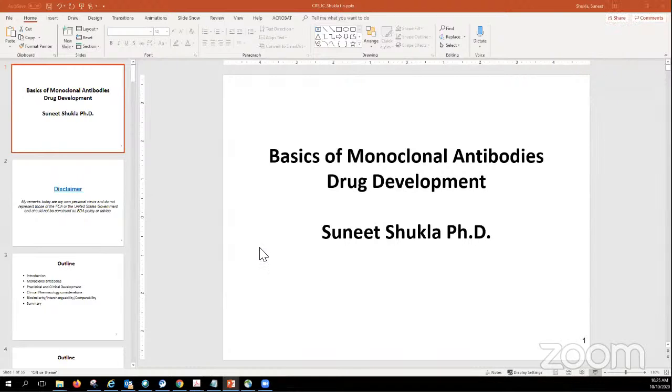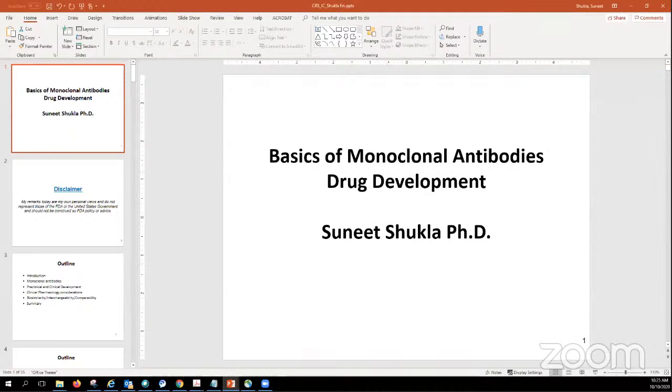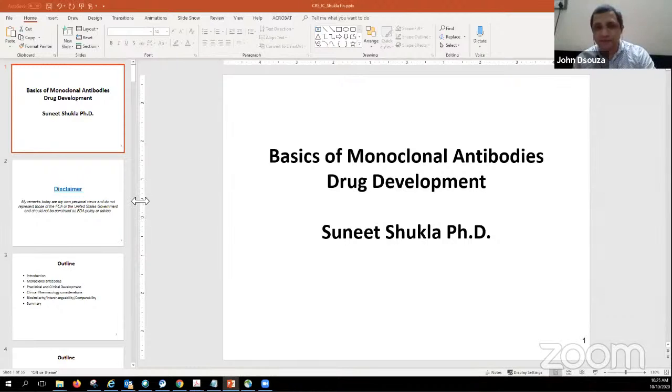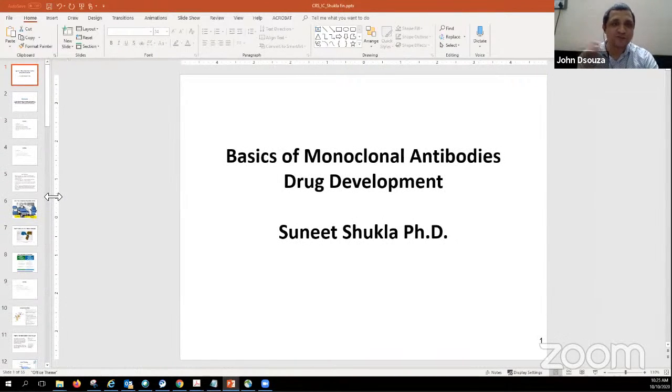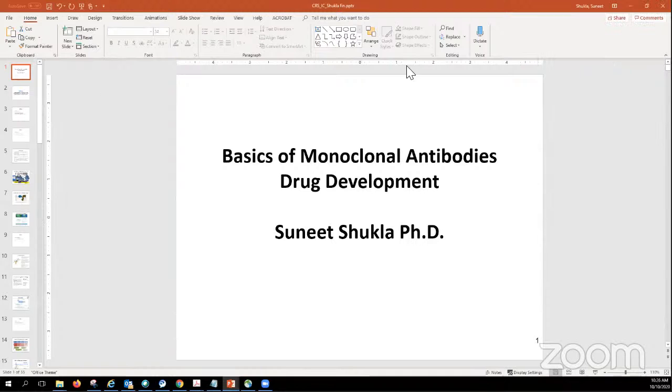Can you see the slideshow now? The slide is not properly visible. Hold on one more time. Because it is becoming a very small icon, you can try taking the main menu upside. Hold on one more time.